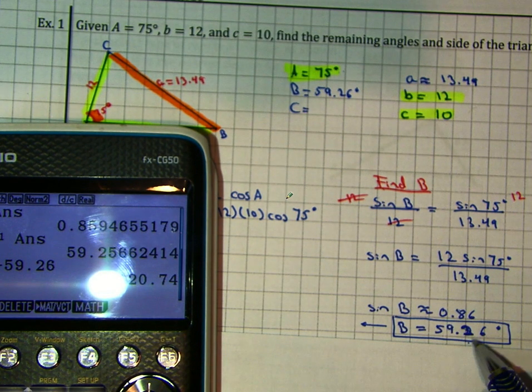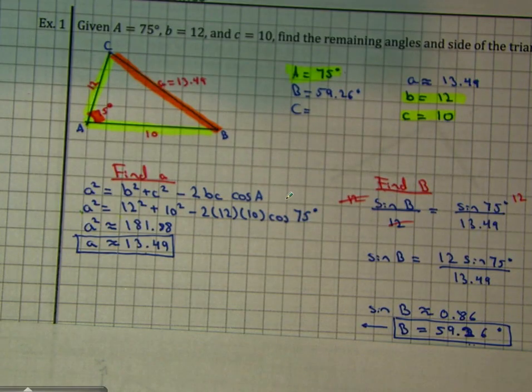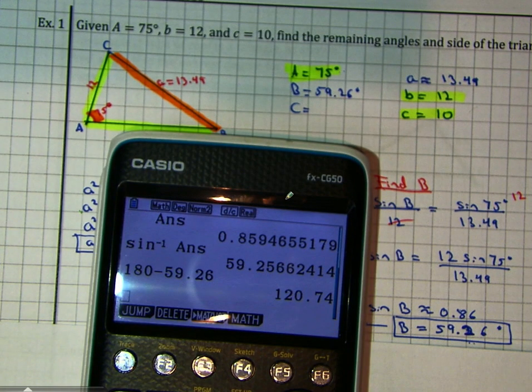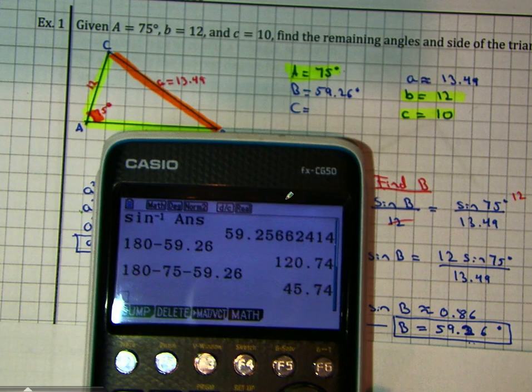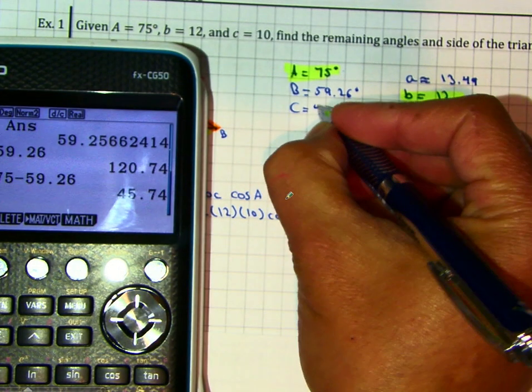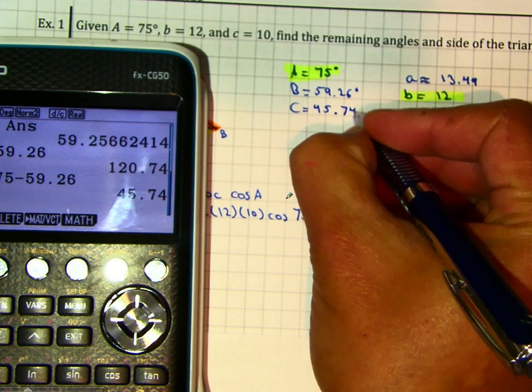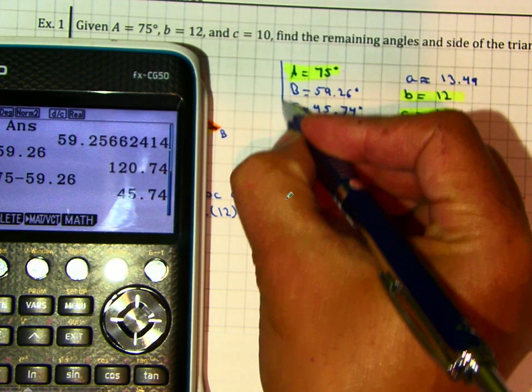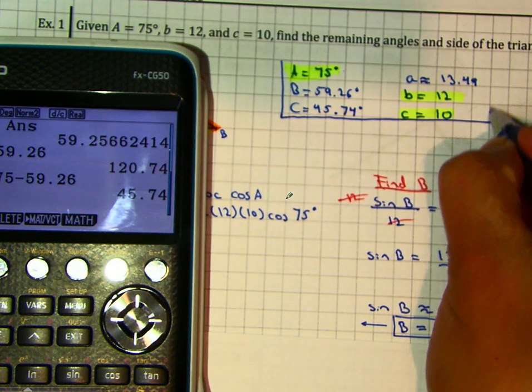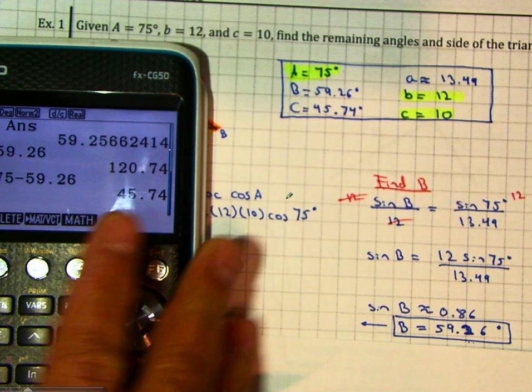So therefore that is the angle that we need. And now to find the last angle, angle C, we just do 180 minus 75 minus 59.26, which will be 45.74 degrees. And now we have solved the triangle. We found those two missing angles and one missing side.